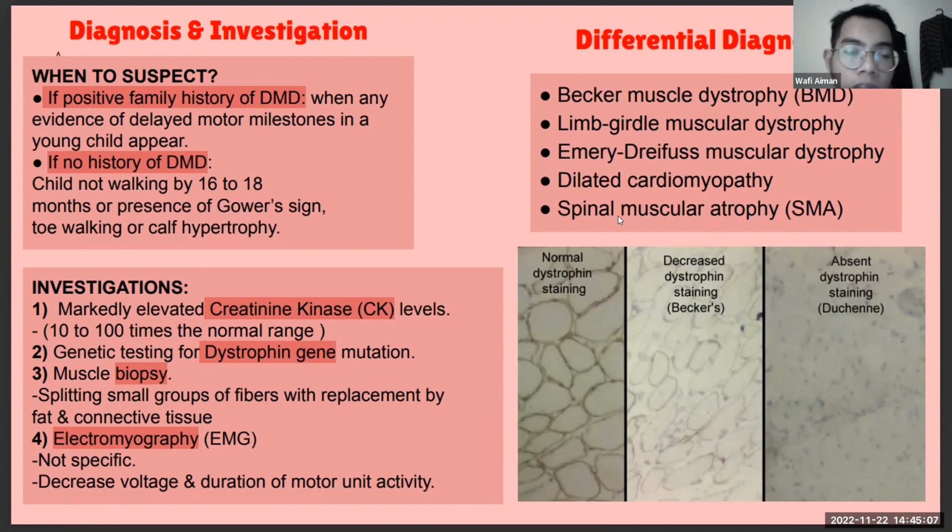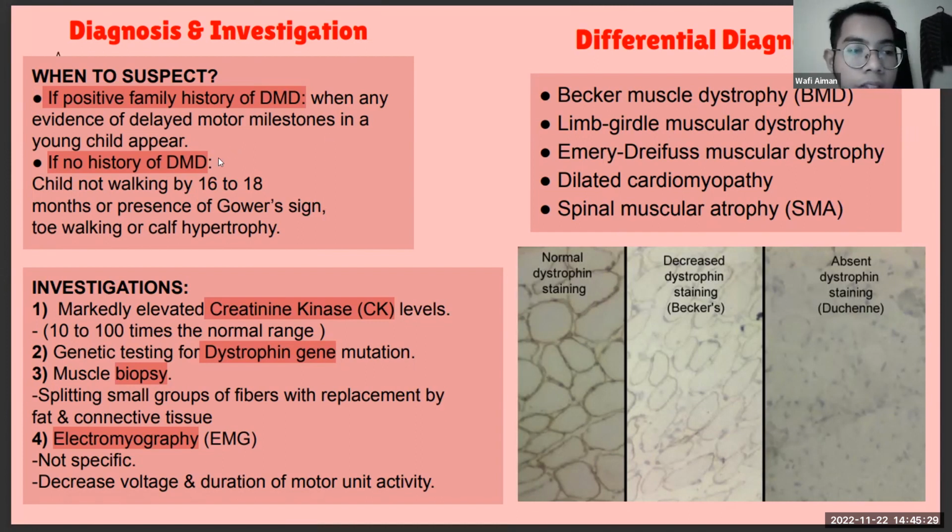So if there is evidence of delayed motor milestone, we can do further investigation to detect for DMD. But if the patient has no history of DMD, we look if the patient cannot walk by 16 to 18 months or presence of Gower's sign, toe walking, or calf hypertrophy.